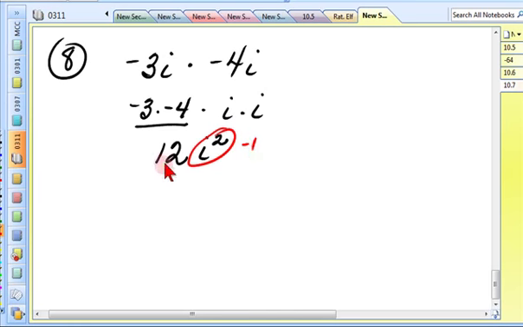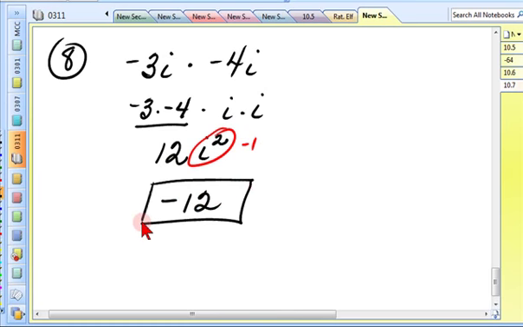So this is 12 times -1, which is -12. The product of those two, imaginary, which is a type of complex number, gave us a real answer, which is a type of complex number. So when you multiply two complex numbers, you're going to get a complex number.